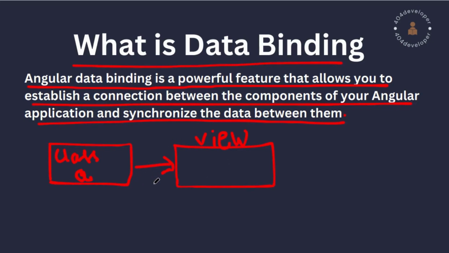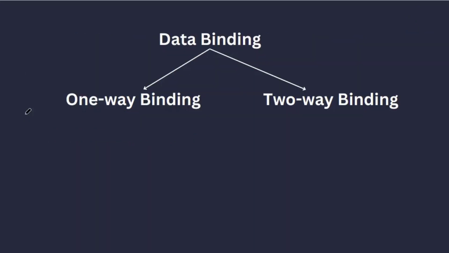We have different types of data binding available. One is one-way binding and another one is two-way binding. Let's see one by one. What is one-way binding?